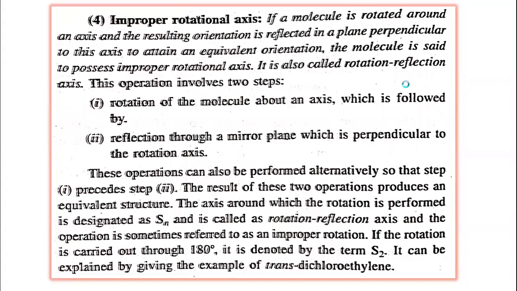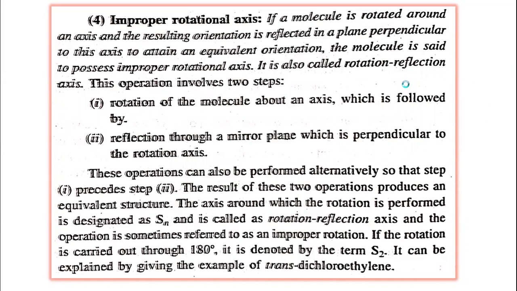It means that in such a molecule, first of all, we have to rotate the molecule around that axis, and the resulting orientation is reflected in a plane perpendicular to this axis to attain the equivalent orientation. The molecule is said to possess the improper rotational axis, also called the rotation reflection axis.